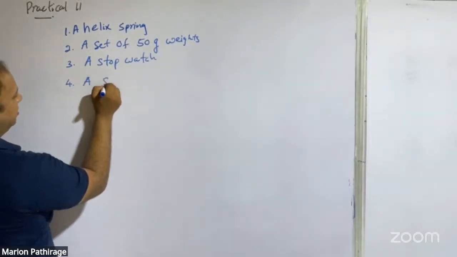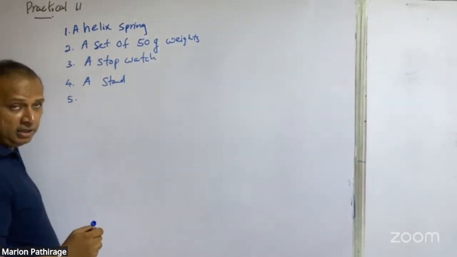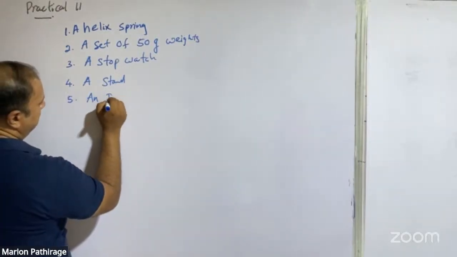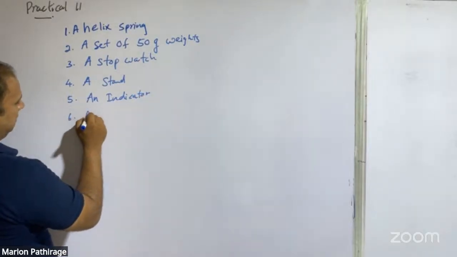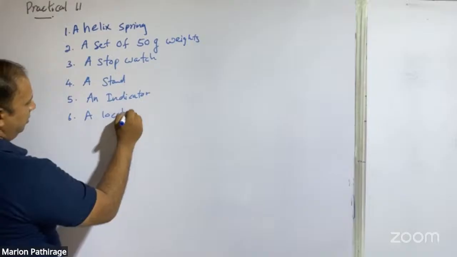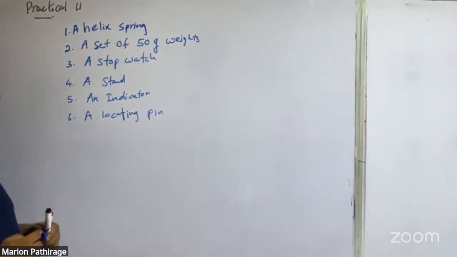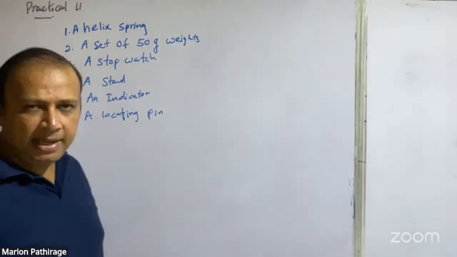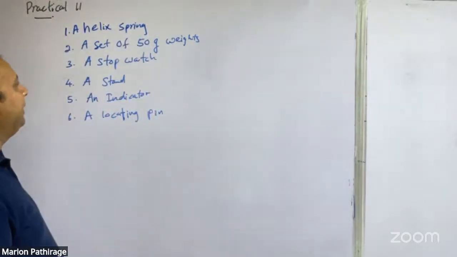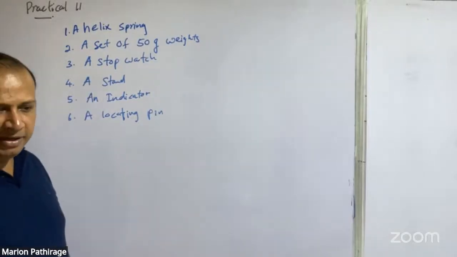A stand. An indicator. A locating pin. Those are the materials and apparatus we need to have during this experiment.